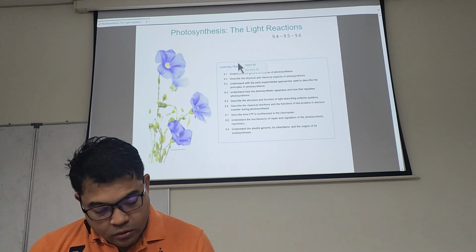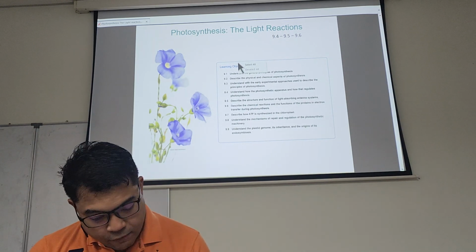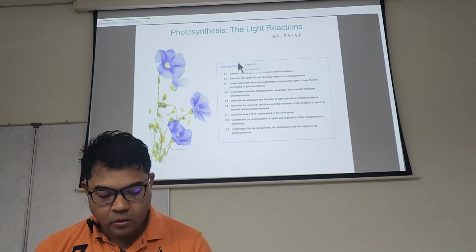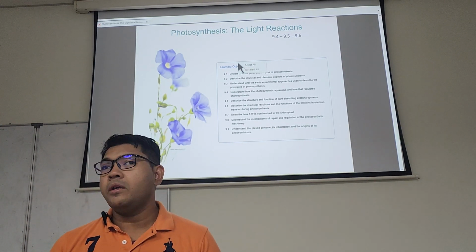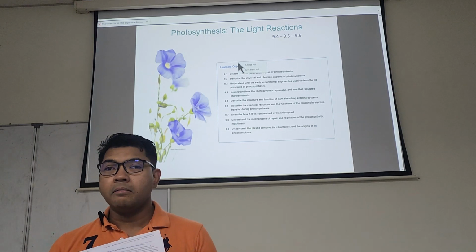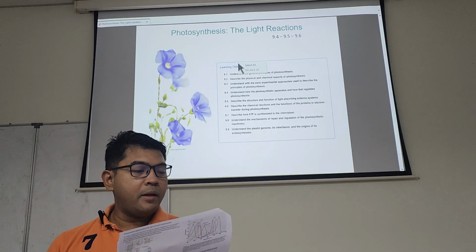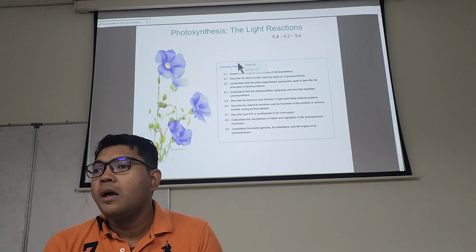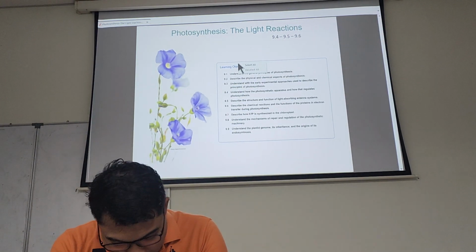Right. So last week we didn't finish it so much. There's one more subtopic that I hope that you have read. Have you read? Sila tak? The final bit of it, the key experiments in understanding photosynthesis. So there's a little experiment.